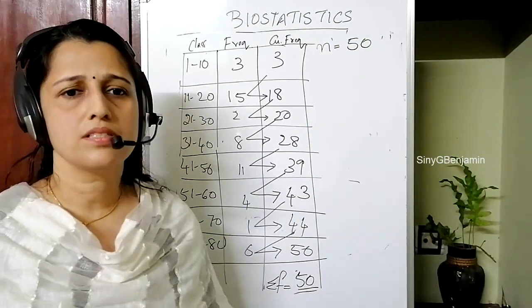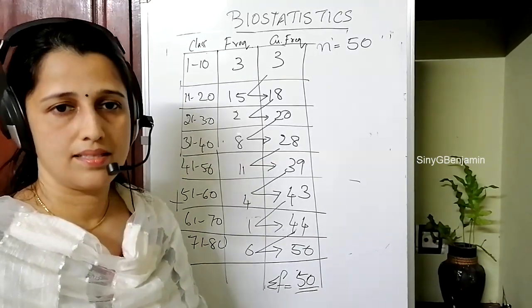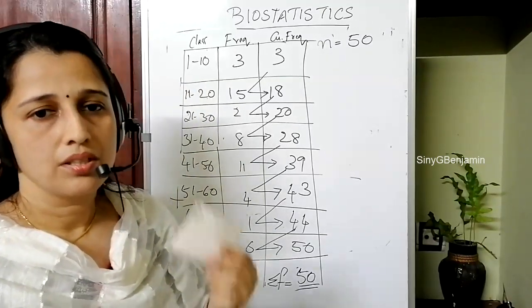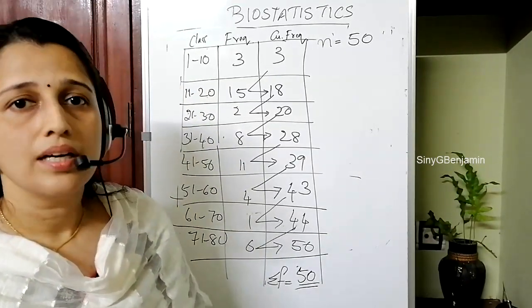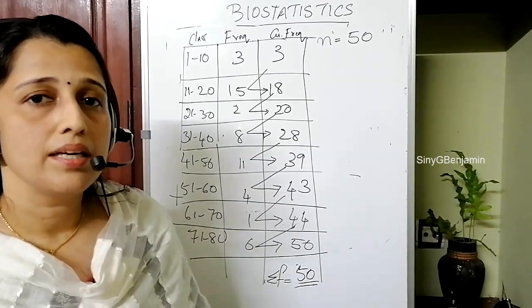The first step here is to find the median class, and median class is the class in which the median value lies. So first you have to find where the median lies.